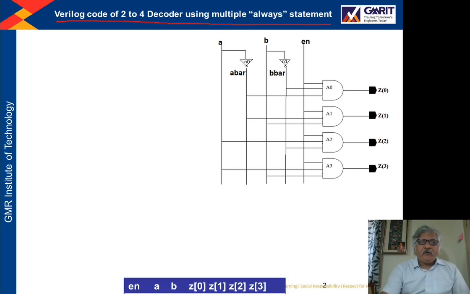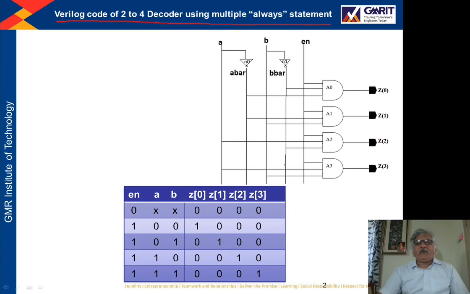Okay. So here this is the truth table of this 2 to 4 decoder. Enable, A and B are inputs, and Z0, Z1, Z2 and Z3 are the outputs.